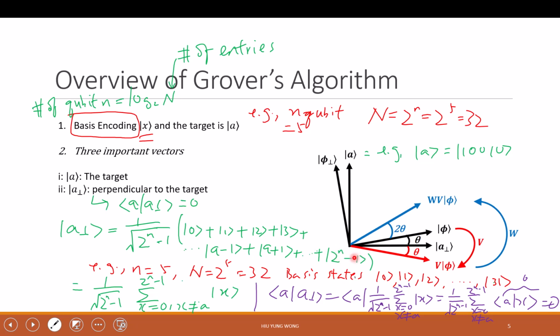He looked at this and saw one missing, so it's 2 to the n minus 2. But because we can't find 0, it's 2 to the power n minus 1, right? What is their coefficient? 1 over square root 2 to the n minus 1. Usually Hadamard is 1 over square root 2 to the power n, but anyway, it means I have 2 to the power n minus 1 entries, and each of them has this magnitude. If you take the square and multiply by 2 to the n minus 1, this is 1. So this is normalized.